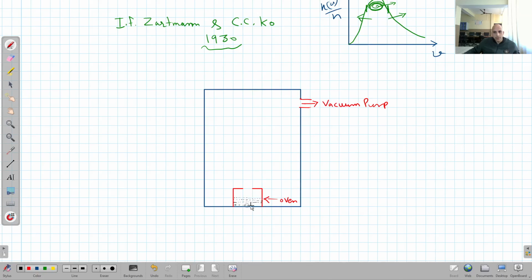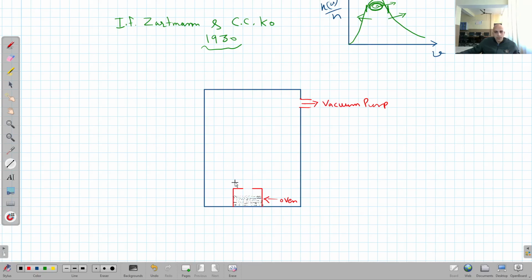It is heated continuously with the help of a filament oven. So when bismuth is heated continuously, it will convert into vapor form, right? And then finally these vapors will come out from this slit, right? This opening. So here we have placed a slit in order to make a fine beam of these bismuth atoms. Clear?